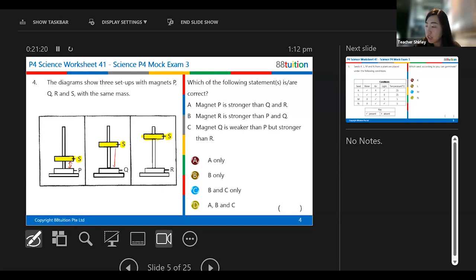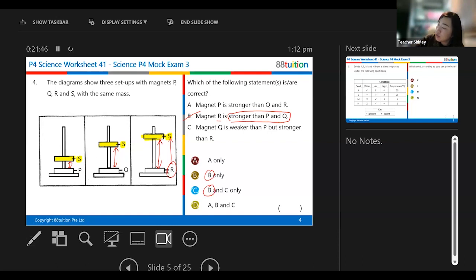They are repelling each other. It's just that R is able to repel S even further, which means that one thing we know for sure is that R is stronger than P and Q, because R as compared to P and Q can repel S further. Okay, so statement B is correct.